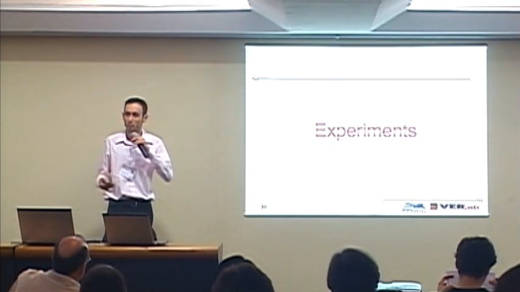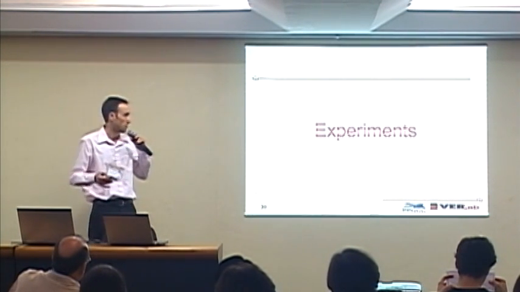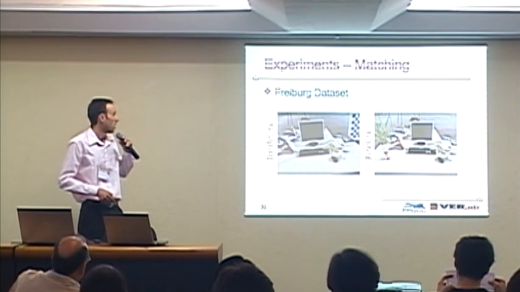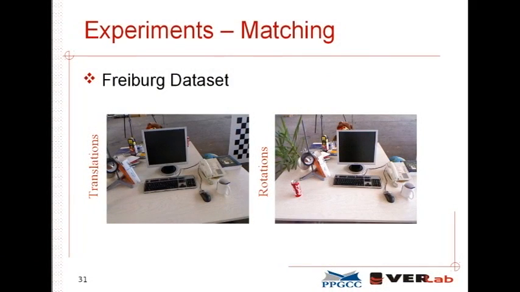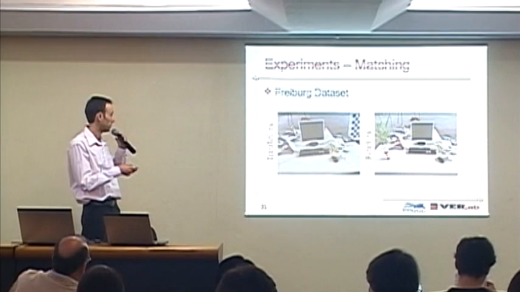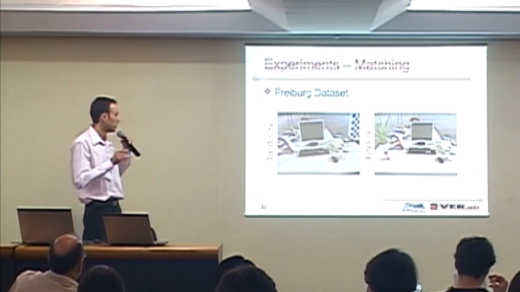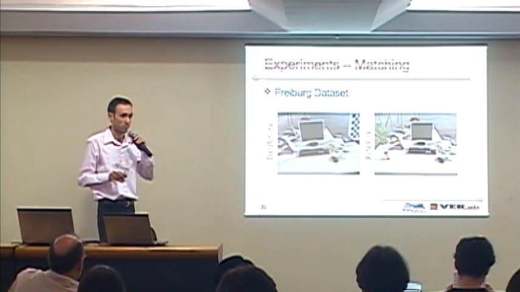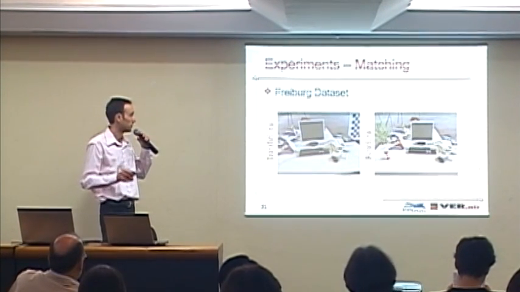analyze the behavior of our descriptor in several situations. So in the first experiment, we chose a public data set, the Freiburg data set, and we chose two sequences in this data set.